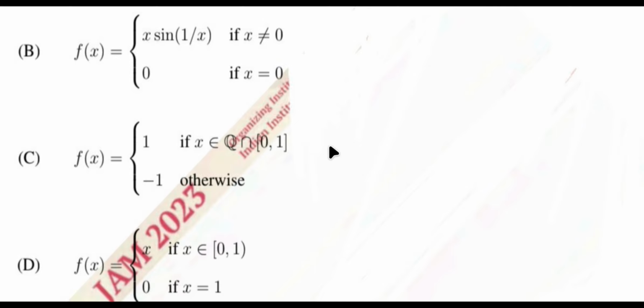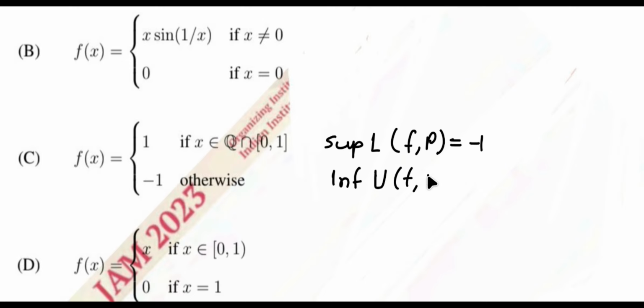When you go to find sup L(f,P), you get minus 1, and when you go to get inf U(f,P), then you have 1. Both are not equal. C is not Riemann integrable.